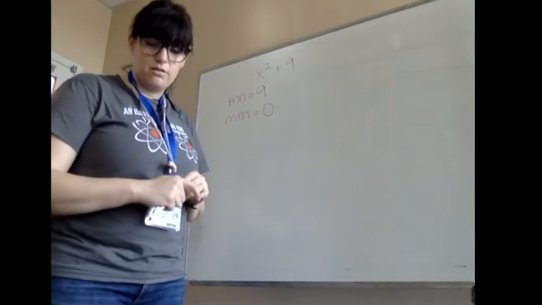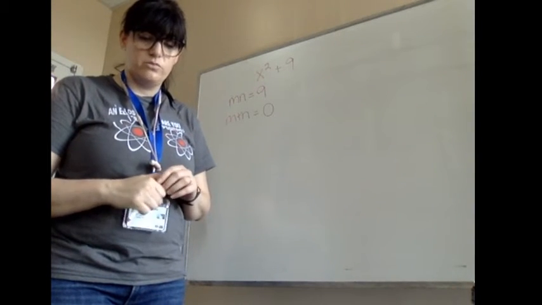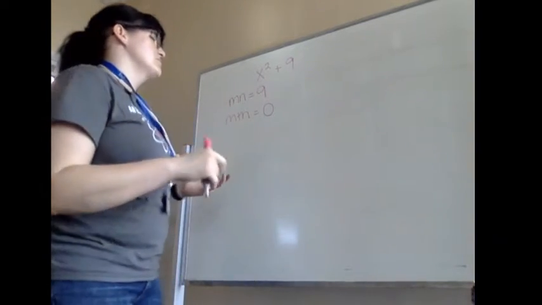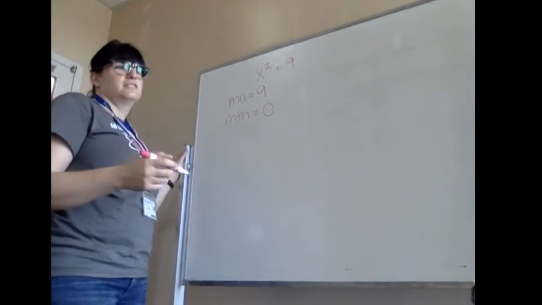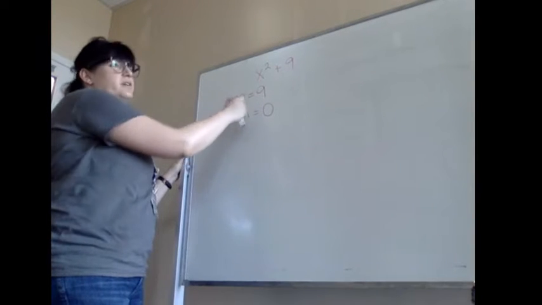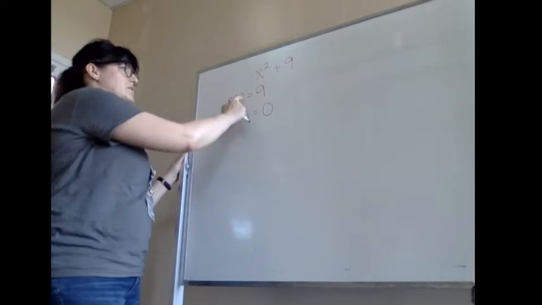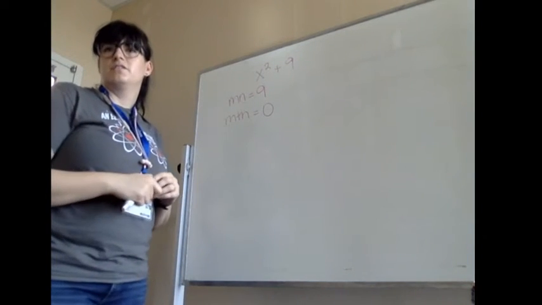So that's A. B shows that there are no integers m and n that satisfy both equations you wrote in part A. I don't know how they want you to show that, because they both have to be the same sign to multiply to be a positive. So they can't add to 0 unless they're each 0, but then that would make this one not true.